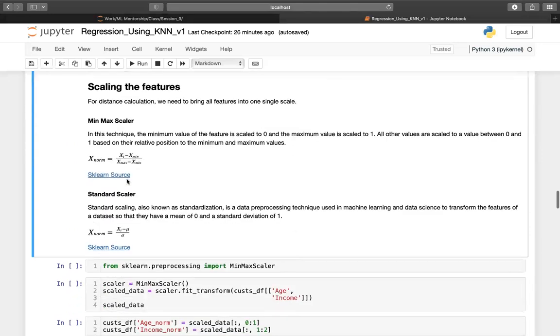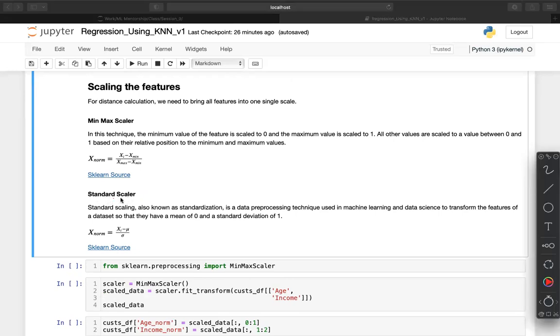The other technique to convert or to scale features is called standard scaler. This of course assumes that the variable follows a normal distribution. If you remember, we discussed normal distribution. The whole population lies between -3 standard deviations and +3 standard deviations, right?